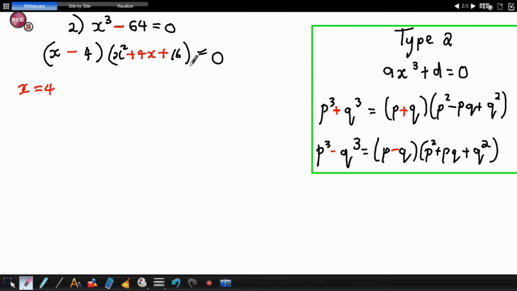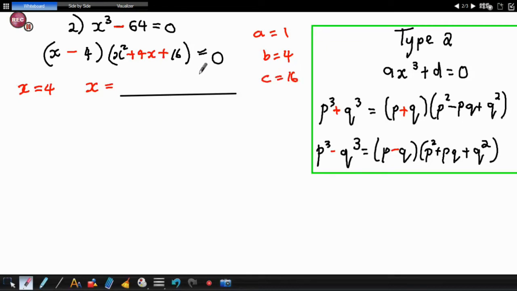And then this quadratic, we can see that we can just go ahead, guys, and do the quadratic formula from what we had before. So we will have, let's just write what a is. A is 1, B is 4, and then C is 16, right?